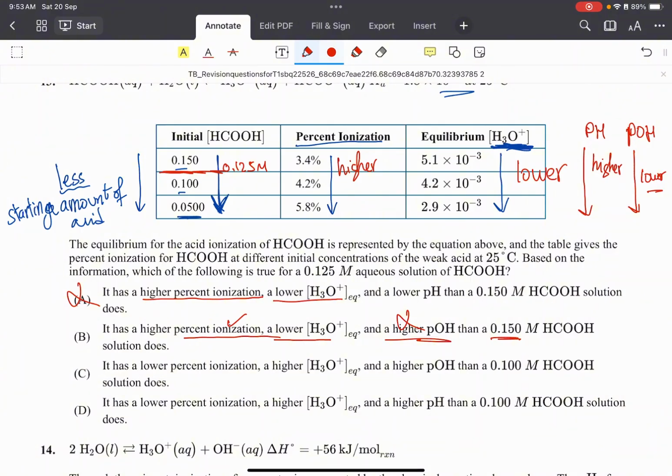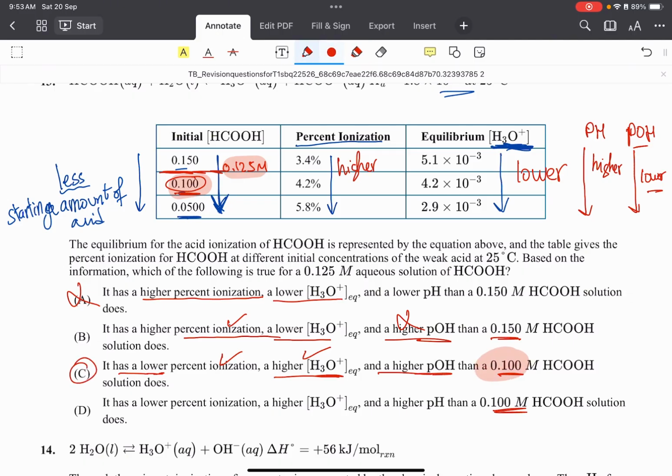Okay, here they changed the concentration, so they are now comparing it to this one. So it has a lower percent ionization than this one, yes. A higher H3O+, yes. A higher pOH, yes, because we're comparing now these two, than this concentration.